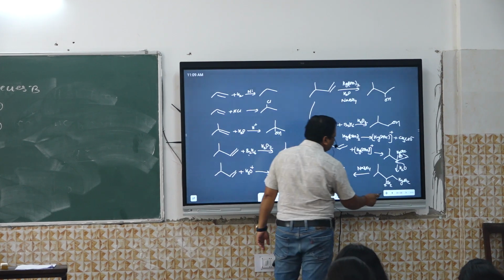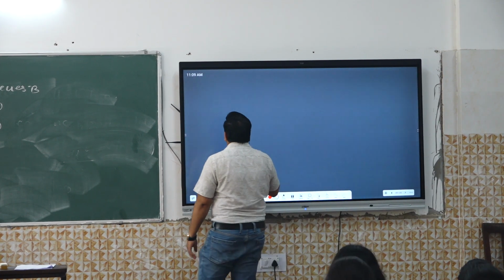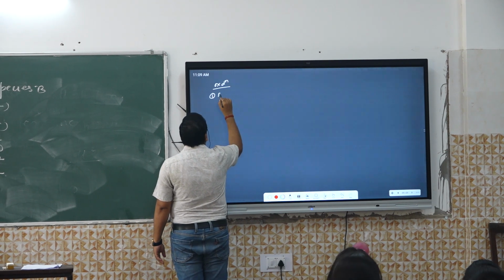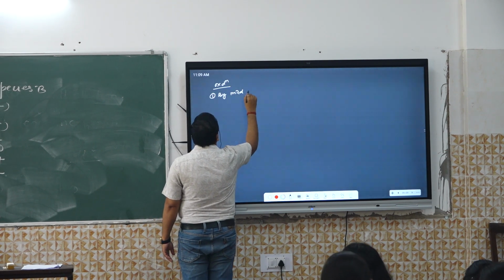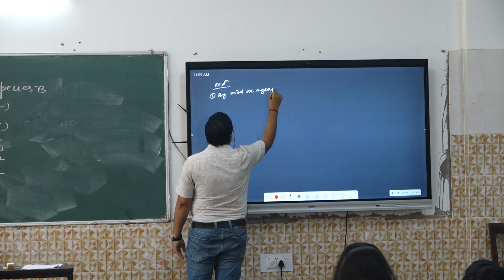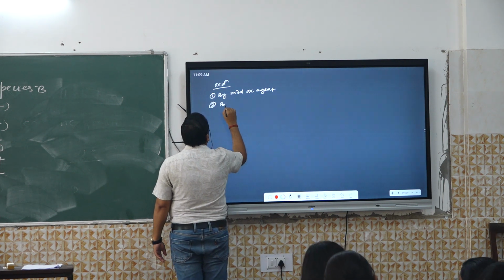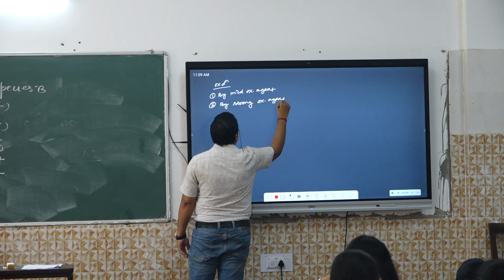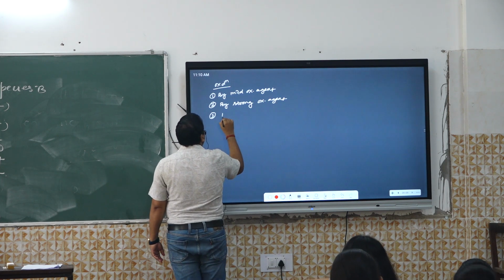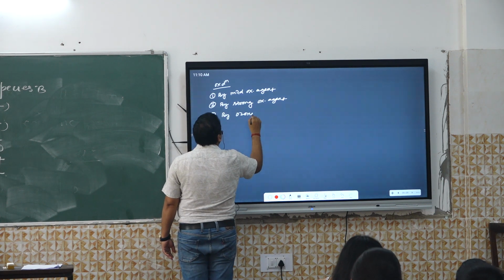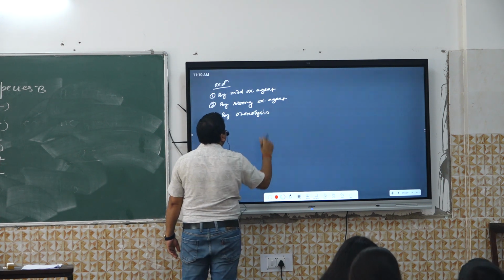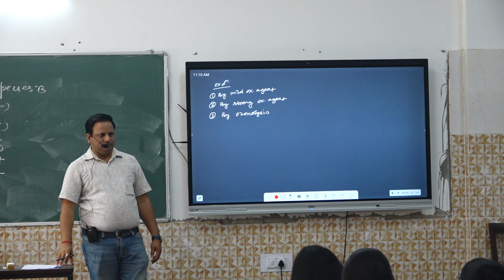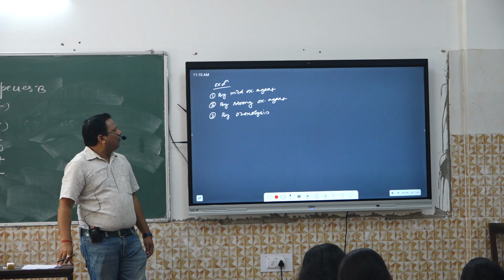So oxidation can be taking place first by mild oxidizing agent, second by strong oxidizing agent, then third by ozonolysis. So all of you must be knowing ozonolysis under the chapter aldehyde and ketone. Okay. So first by mild oxidizing agent.